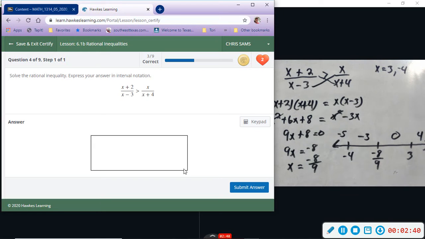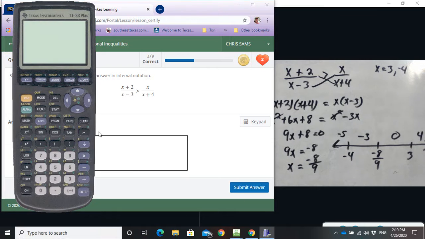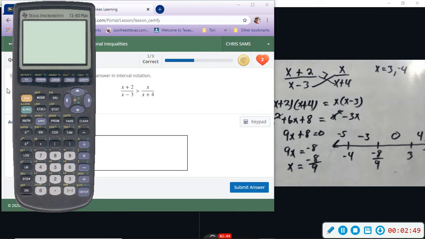We're going to allow the calculator to do that for us. So I'm just going to put these 2 equations into y equal. I'm going to clear out what we got. And so numerator goes in parentheses.